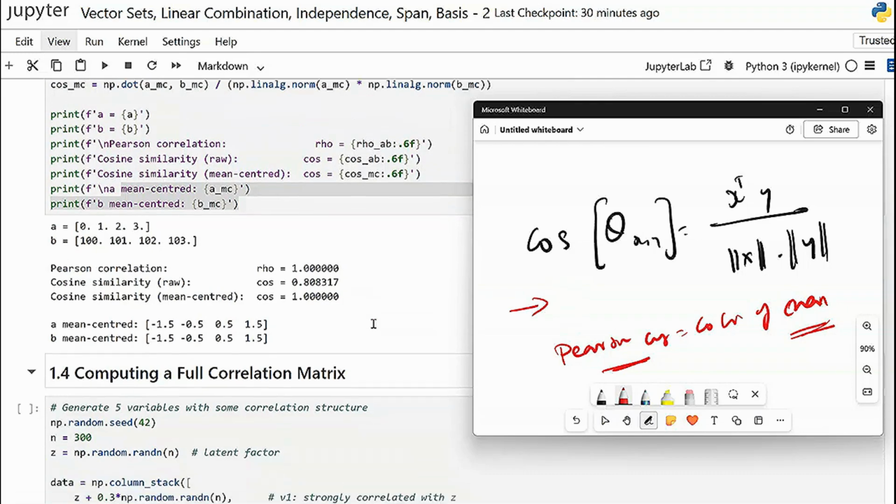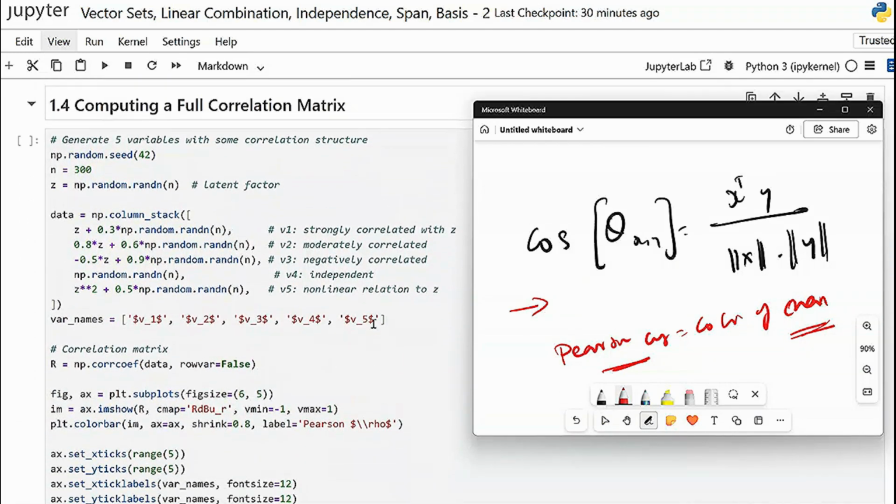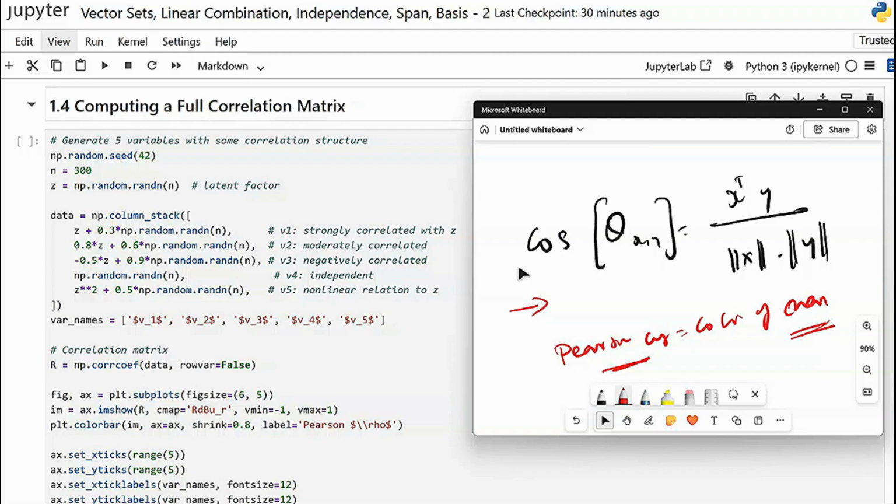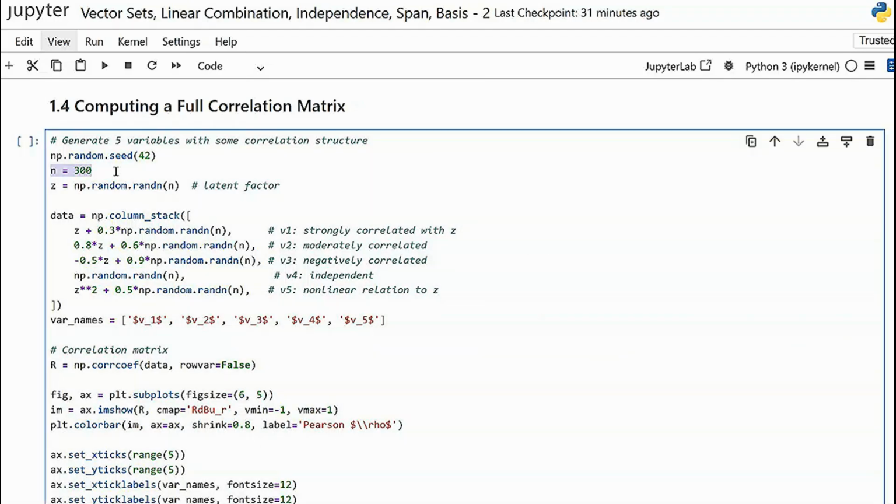We are going to have all of this in a single combined practice. We often compute correlation between all pairs of variables simultaneously. So the result is a correlation matrix of real values. Let me begin with 300 data points and, of course, random seed 42.